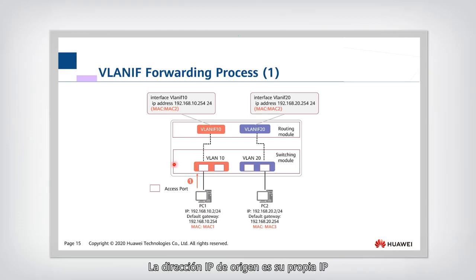The source IP is its own IP, and the destination IP should be PC2's IP. Okay, so that's the packet transmitted from PC1, and there is no tag in this packet.